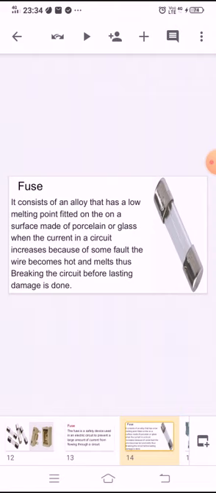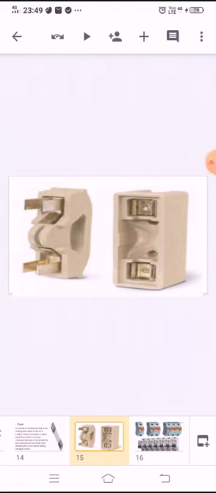What are the precautions to be taken while connecting a fuse wire? When a fuse blows, switch off all appliances in the circuit and pull out their plugs. Get an electrician to locate and repair the fault and then fit the new fuse.